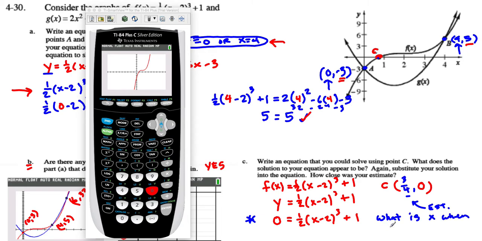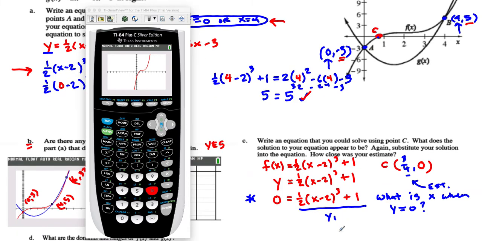when y equals 0. Well, just like we did up above, this is like one function. We can make this our y1. And we could take this over here, and let's make this another function.